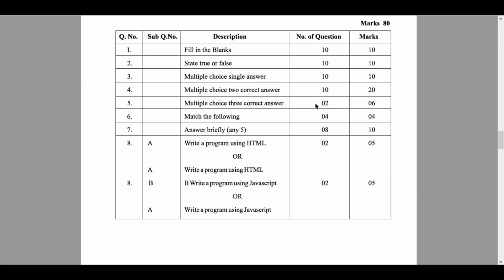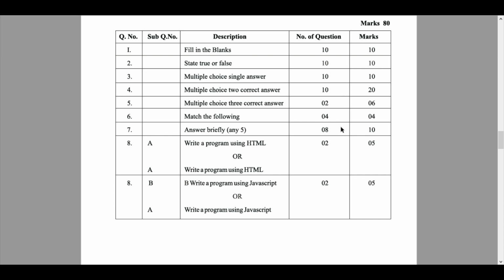Answer briefly: any 5 you have to answer out of the 8 given. So 3 have to be left over. Just analyze what you know, what is easy, or what you have learned properly and in detail, and go for that.